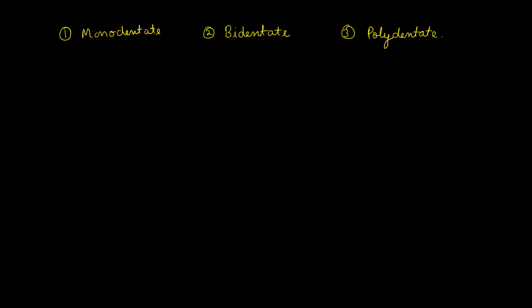Now if the denticity is 1, it is monodentate. If denticity is 2, it is didentate. In this case, if denticity is more than 2, then you call it polydentate.